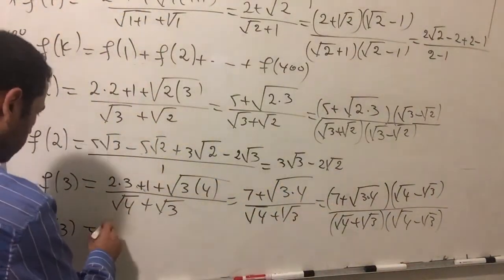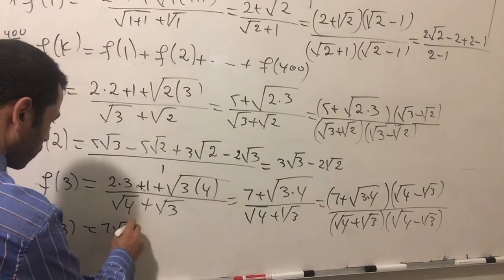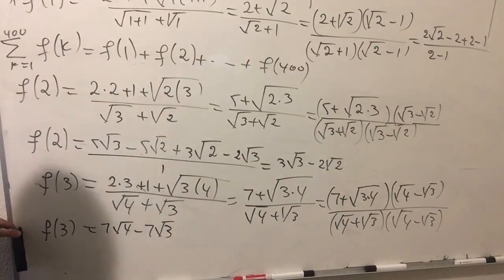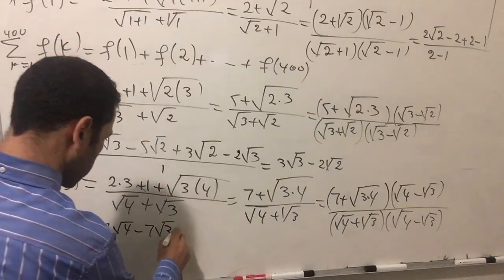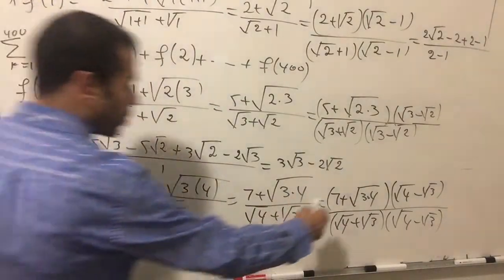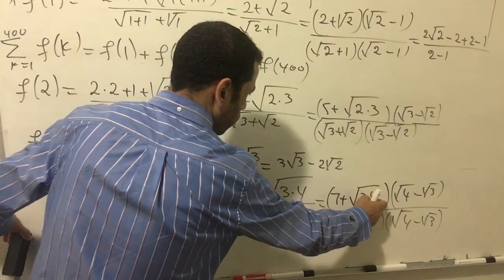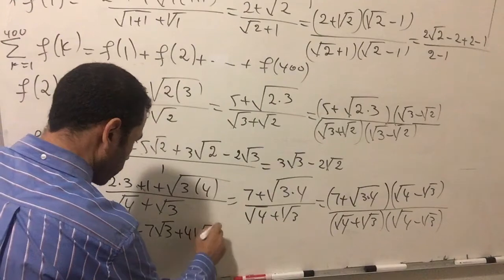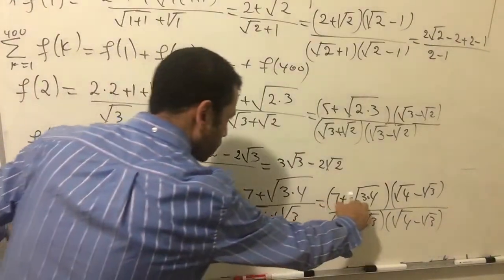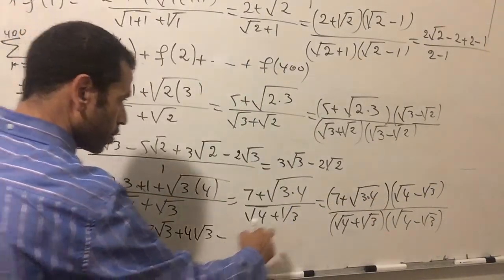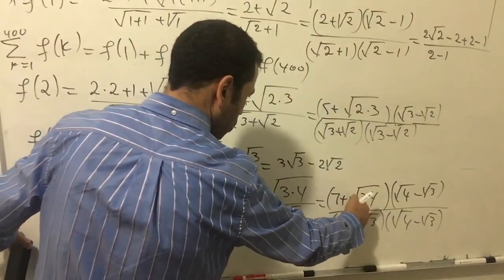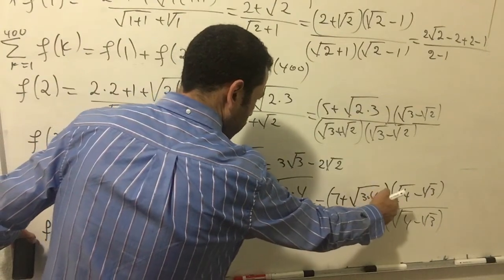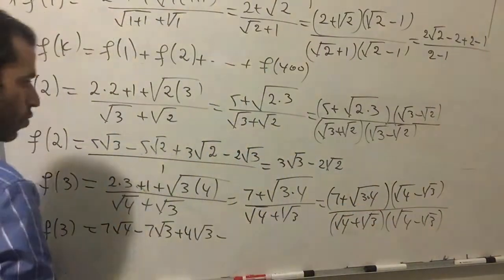We'll have 7 multiplied by square root of 4 minus 7 multiplied by square root of 3, plus square root of 4 multiplied by square root of 3 multiplied by 4, giving us plus 4 square root of 3. Next, I will have this term, square root of 3 multiplied by 4 multiplied by square root of 4, giving us plus 4.